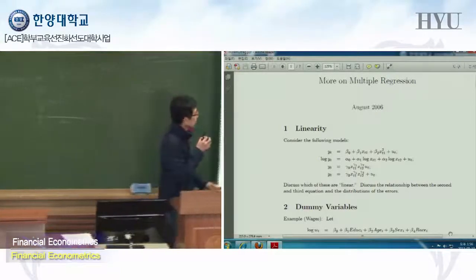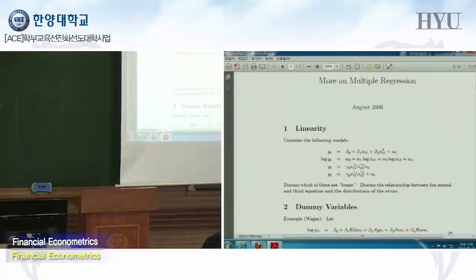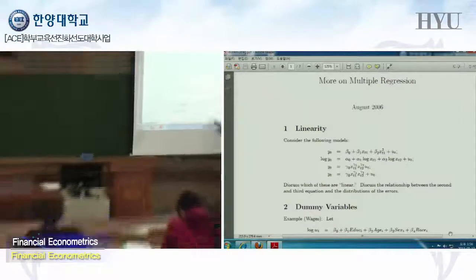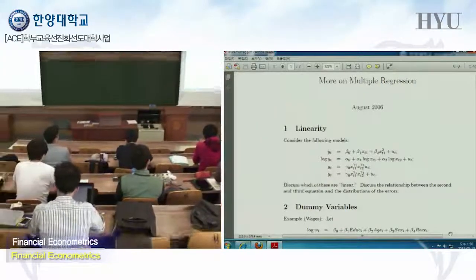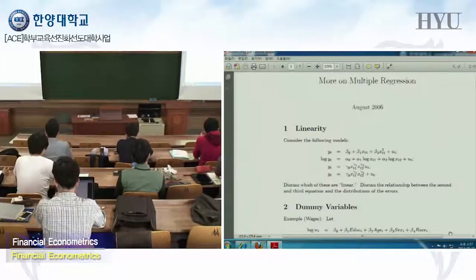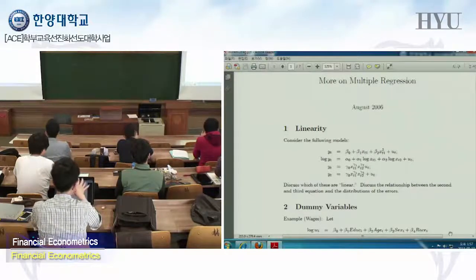We can regard log y_t as the dependent variable, and log x1 and log x2 as simply other independent variables. Then we can treat the whole equation as a linear model, and we have no problem identifying the coefficients.